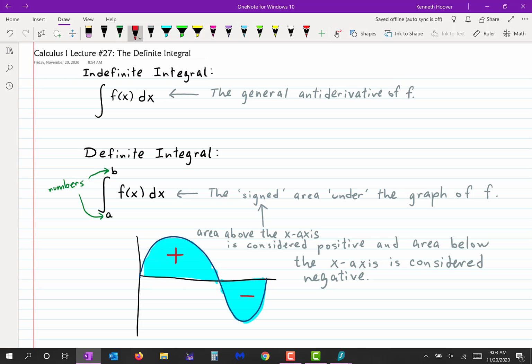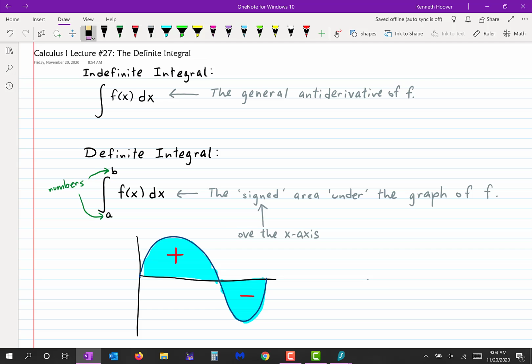I want to add one more phrase to that. Okay, let me erase this now so we can use this room if we need it. So I want to add a phrase. I'm going to erase that period at the end and add a phrase.